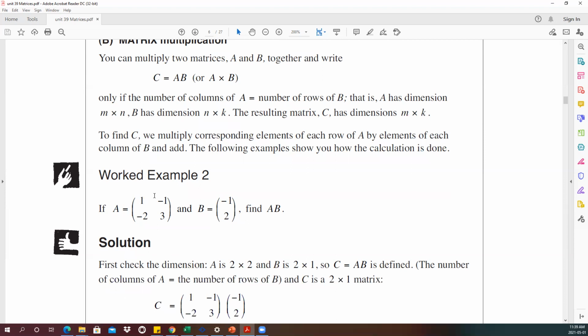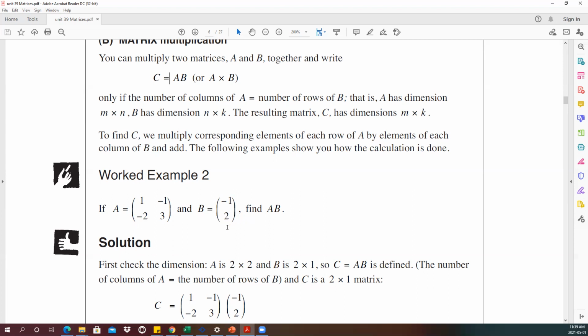So check this out. You have this matrix, 2 rows, 2 columns. This matrix, 2 rows, 1 column. Now, following up here, we would write this thing and say, this is 2 by 2. All right. What about here?